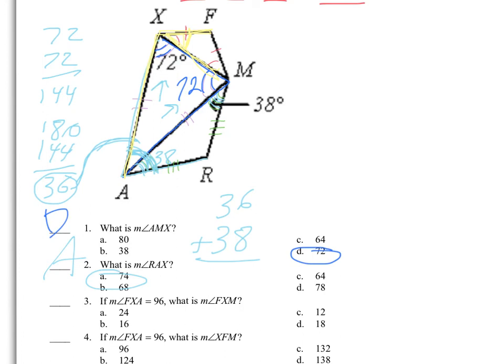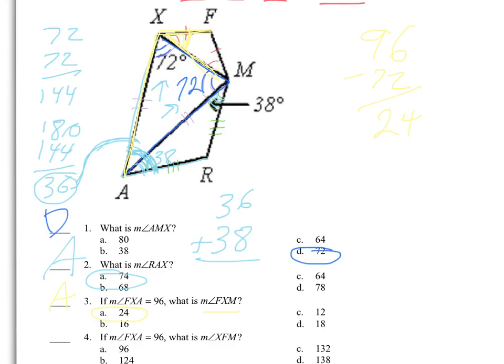Well, if the whole thing is 96, then if we subtract 96 minus 72, it leaves us with 24. That means that angle FXM is equal to 24, which is A.